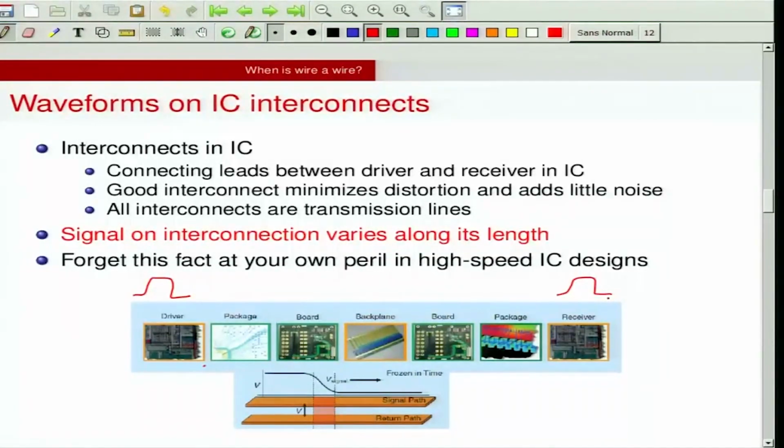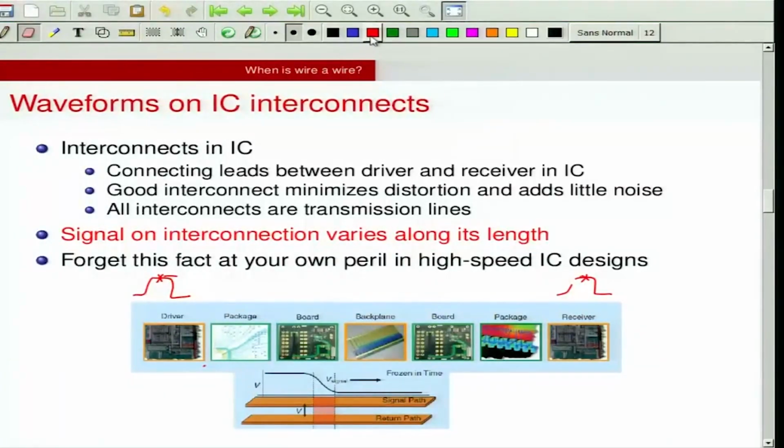But the point is that if this entire thing were connected with interconnects of 0 length, there would have been no delay between these two. However, because these are not connected with 0 connection length, there will be some delay between when the driver switches and when the receiver switches or changes its value.